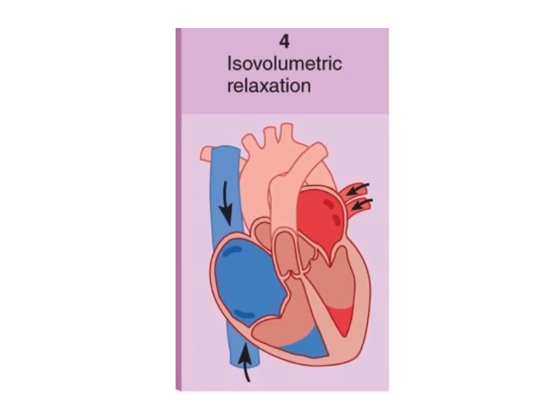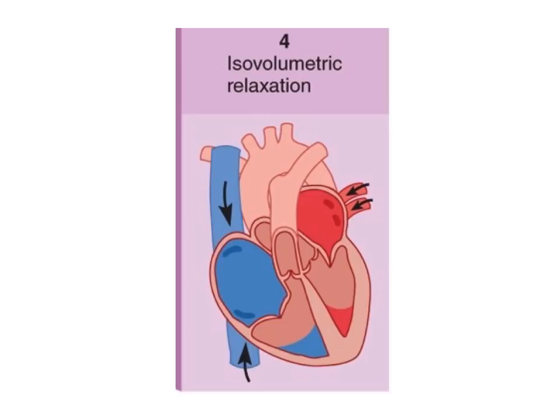If you think about that term, isovolume means that the volume in the ventricles is not going to change. It also means that your ventricles are going to start to relax, because in ventricular ejection, we underwent isotonic contraction.